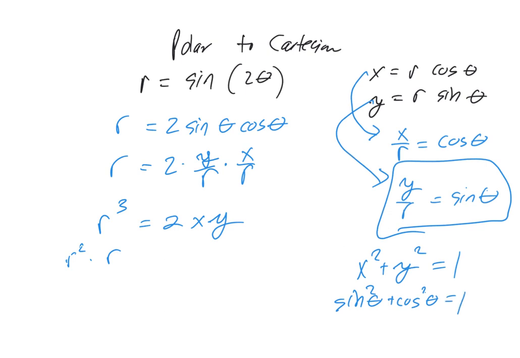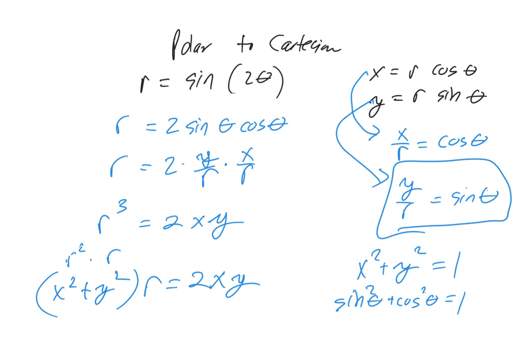Granted, I got them switched back and forth, because we typically write sine first and cosine next, but it's the x and the y. So my r squared will be x squared plus y squared. I have that times r equals 2xy. I still haven't gotten rid of my other r, though, so I've got to find a way to do that as I'm working my way through.